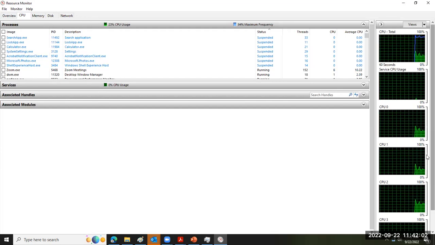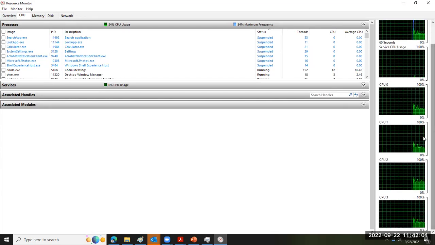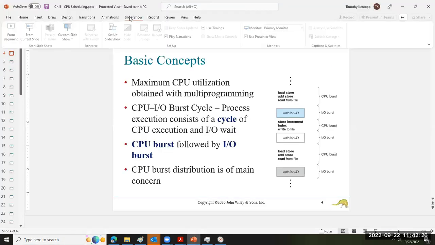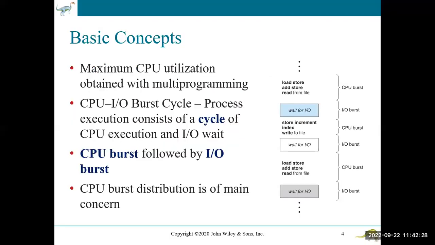And if you see a case where your CPU cores are showing differences, that would tend to indicate that the CPU scheduling isn't all that. Moving right along.